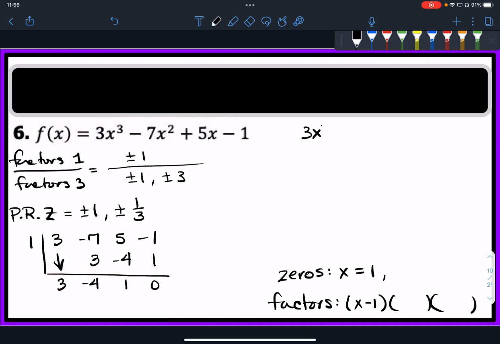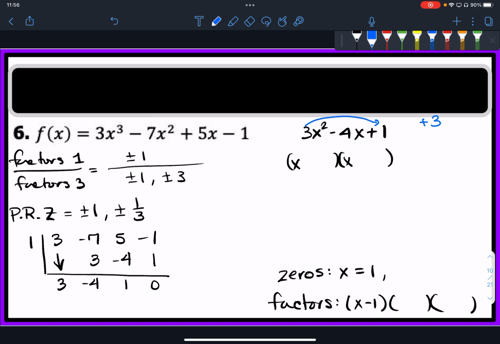I have 3x squared minus 4x plus 1. Just like before, what remains here is a quadratic trinomial that can be factored using our factoring technique for trinomials. So x and x, multiply 1 and 3, which is positive 3.